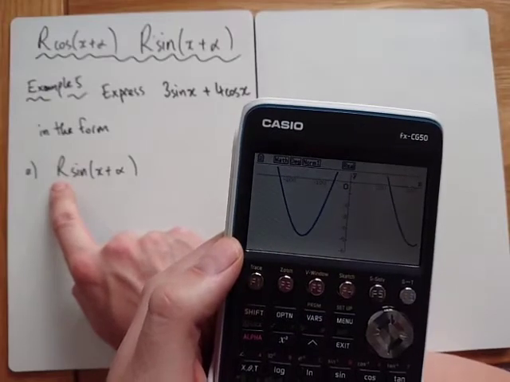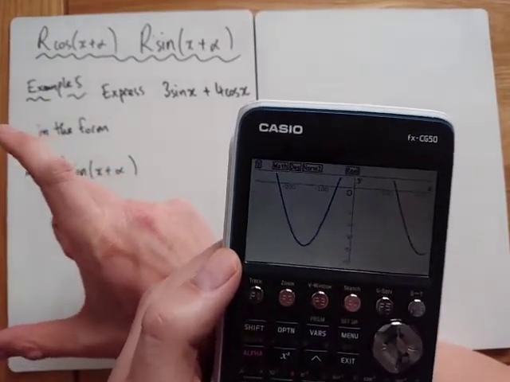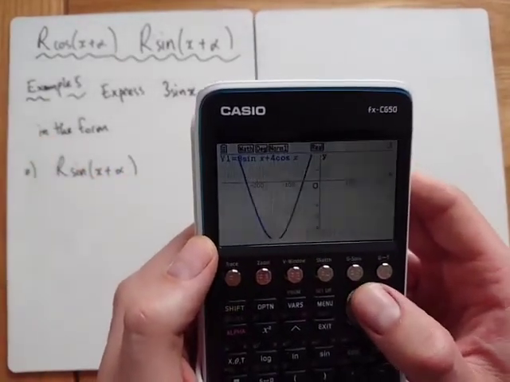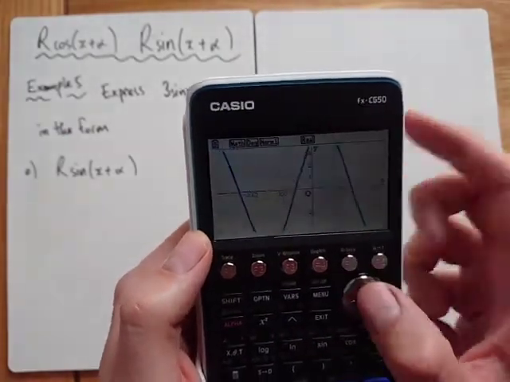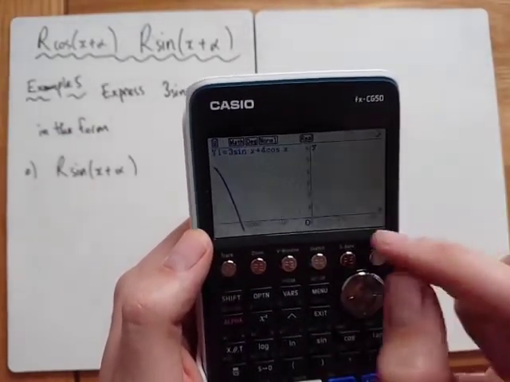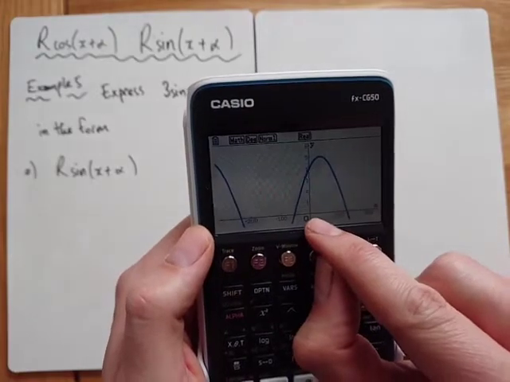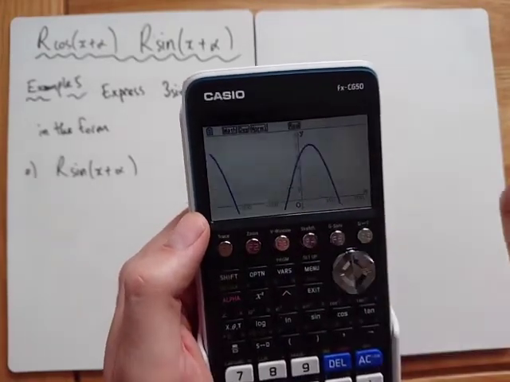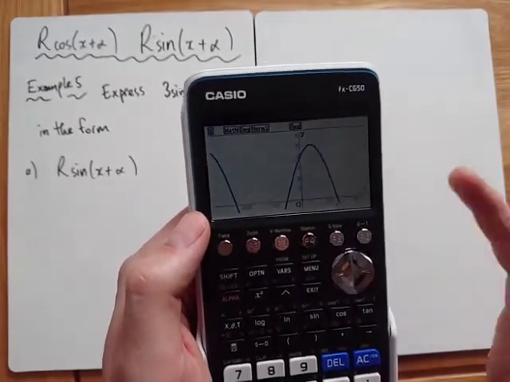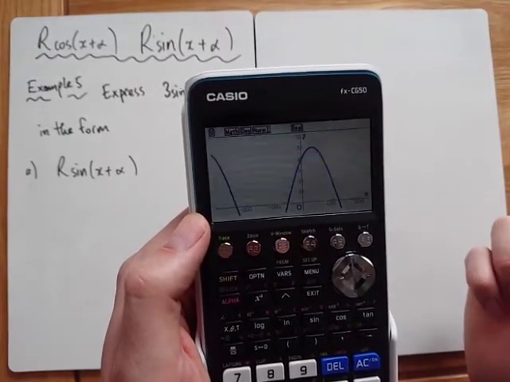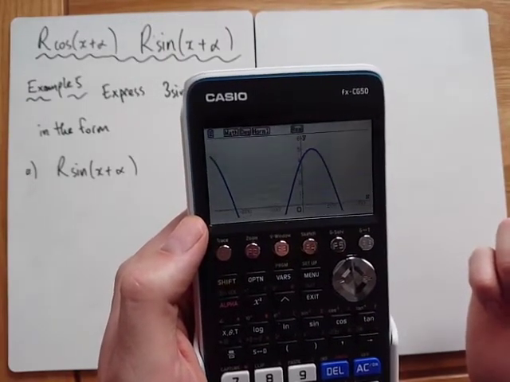So if you multiply by 5, it'll go up to 5 and down to minus 5. And the translation, well, it used to go through the origin, so clearly we've moved it a little bit. I'm not going to estimate that from the graph. Let's see how we do it by actually doing the maths.